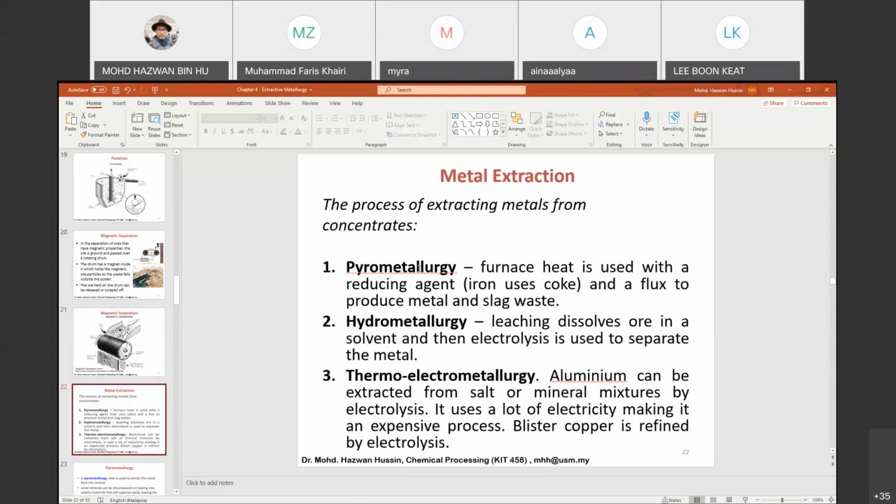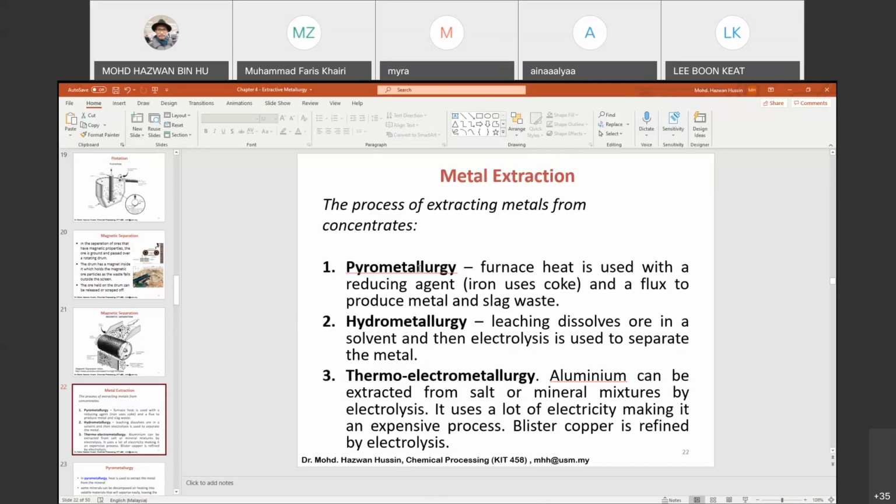Hydrometallurgy is one of the cheapest methods because it's just using chemicals. It can be run at ambient or moderate temperature. But the disadvantage of hydrometallurgy is that the percentage yield is less compared to pyrometallurgy and electrometallurgy.